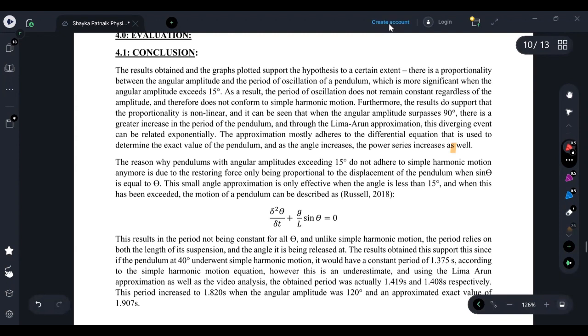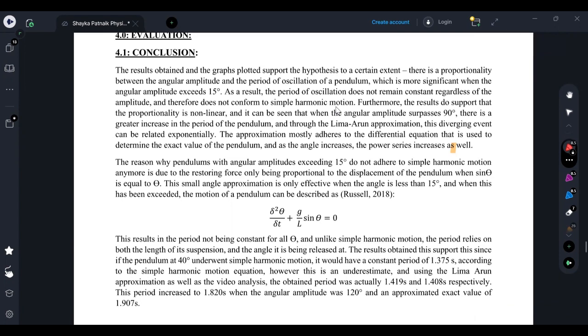This is the part where the marker is looking for your critical thinking skills, and they want you to recognize that at the end of the day, you're a high school student doing this experiment, and it's probably not going to be perfect. But for the IB, just saying, oh, this investigation has its flaws is not enough.